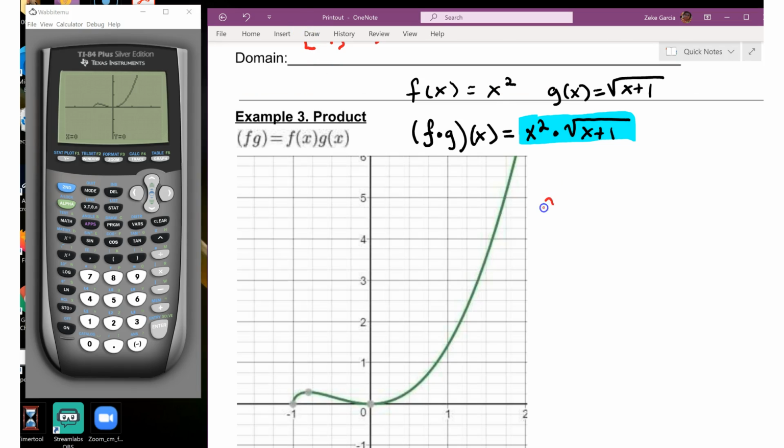So our domain, it looks like it's going to start at -1, and then it will continue to infinity. Okay, so now the question is, is it going to be bracket, or is it going to be parentheses? And let's go to our table. You notice we get an error at -2, but at -1 it's 0, so we'll include -1.